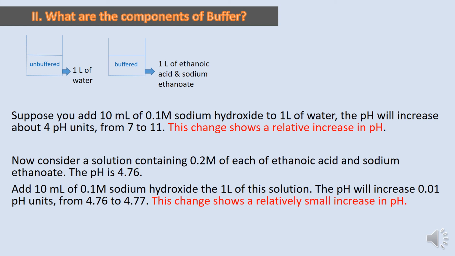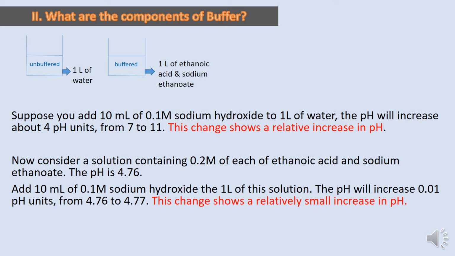Now, in the second beaker, the pH will increase 0.01 pH units, from 4.76 to 4.77. What do you observe here? This change shows a relatively small increase in pH. Now let's compare.